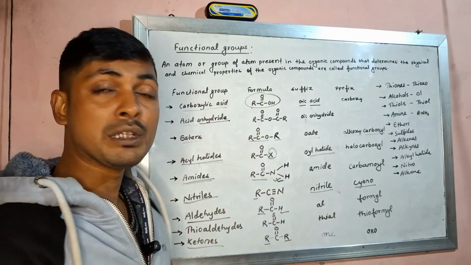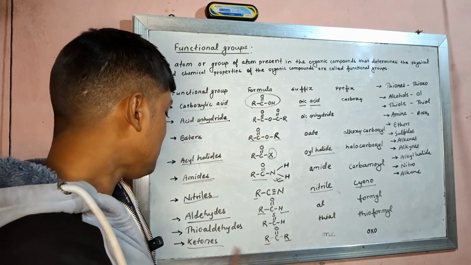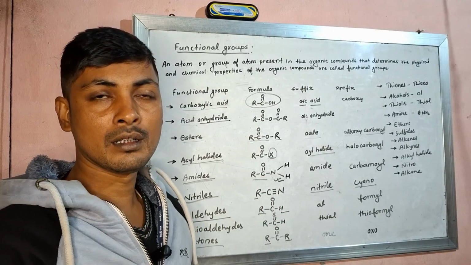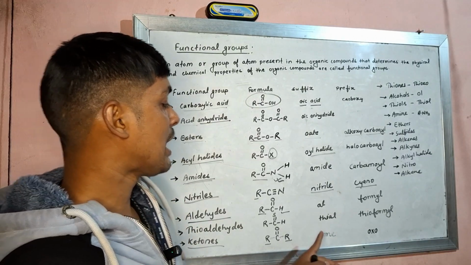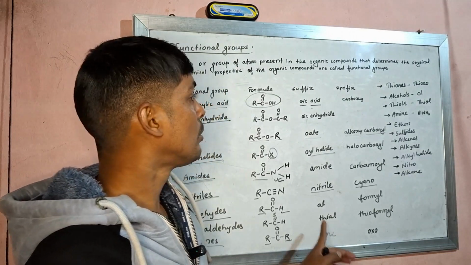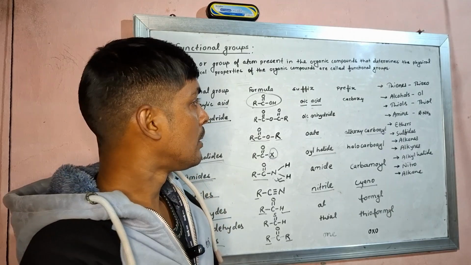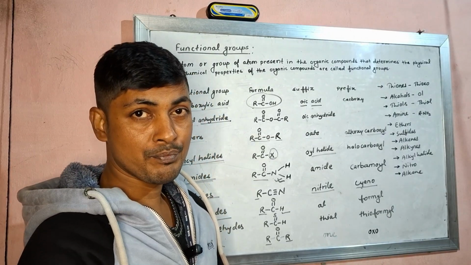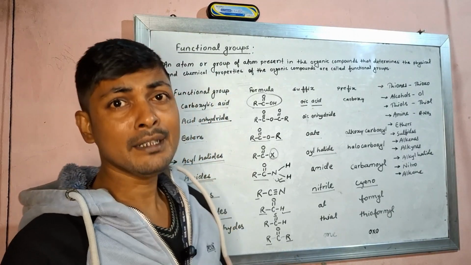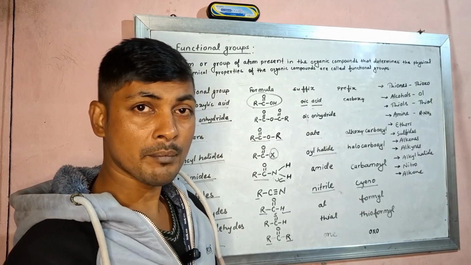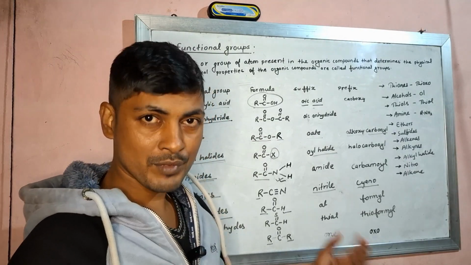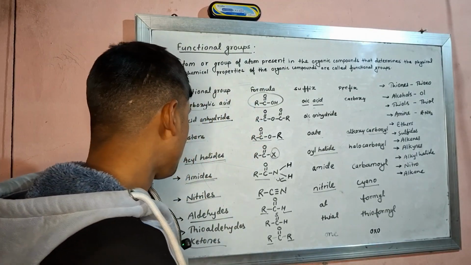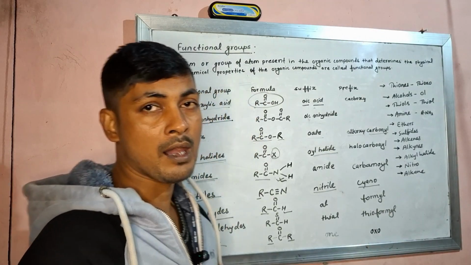So that we have to remember. If ketone is the main functional group in any organic compound, then we use the suffix one. If it comes as a second functional group, not the main functional group, then we use it as a prefix, and the prefix used for ketone is oxo.